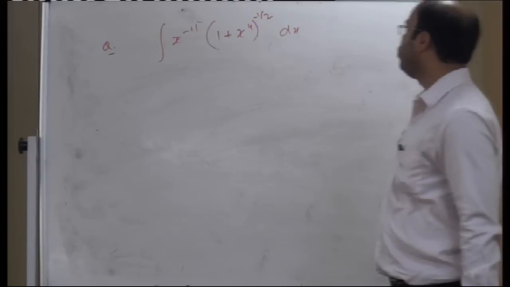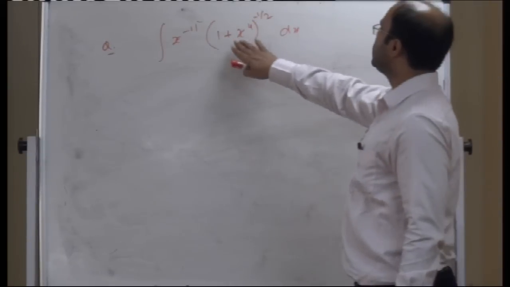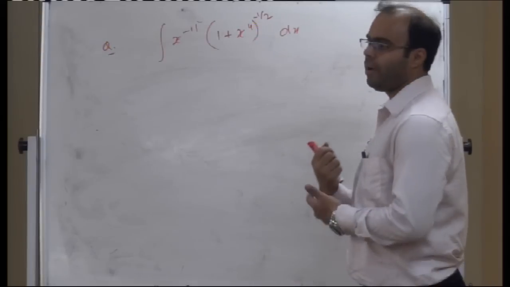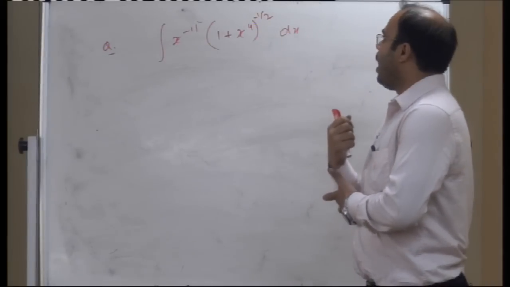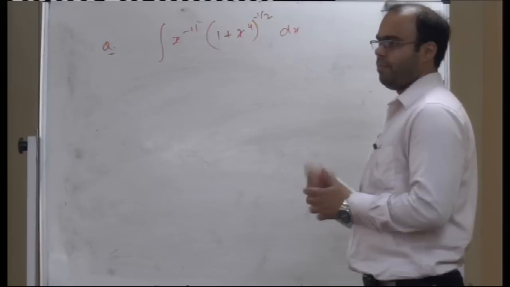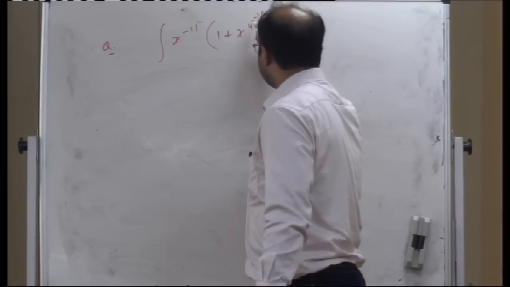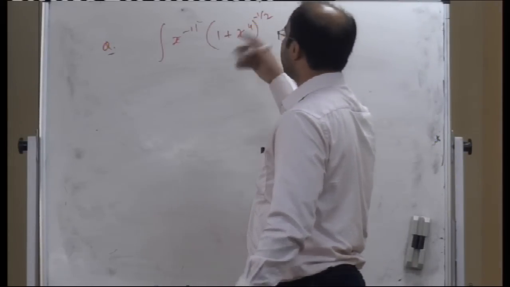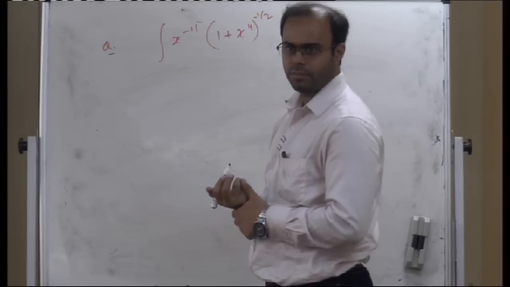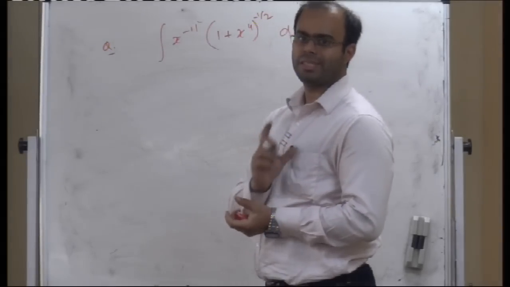So what we do is, this is 1 plus x to the power 4 to the power minus 1 by 2, and this is x to the power minus 11. What we have to do is substitute 1 plus x to the power 4 as some term like t square, then our problem will be to some extent solved.